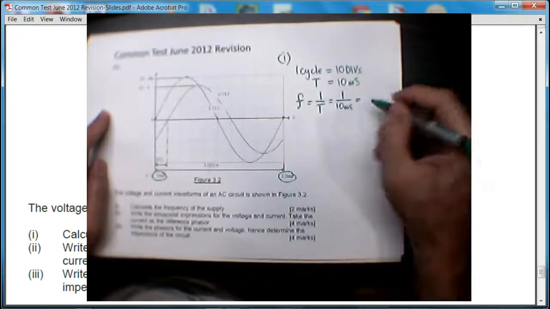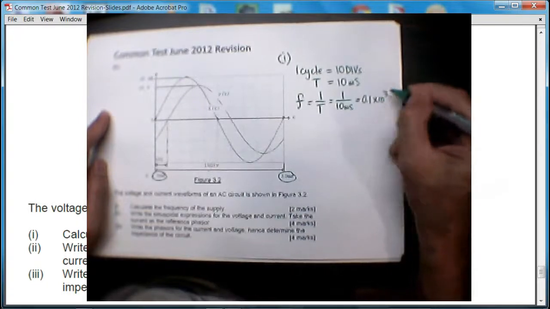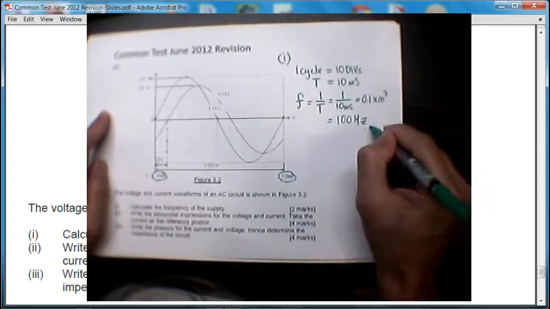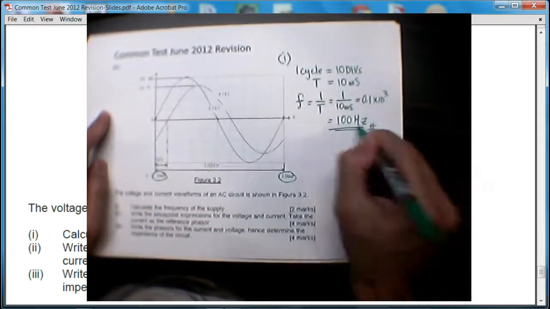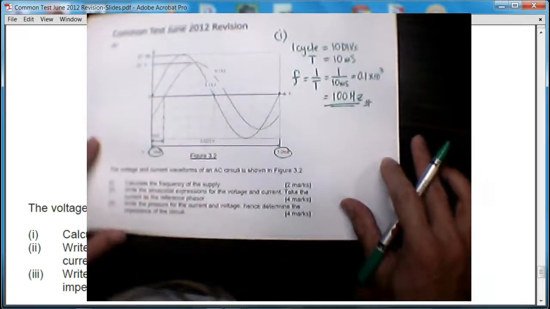That gives me 0.1 times 10 to the power of 3, which is 100 Hertz. Okay, that's the answer for part 1.